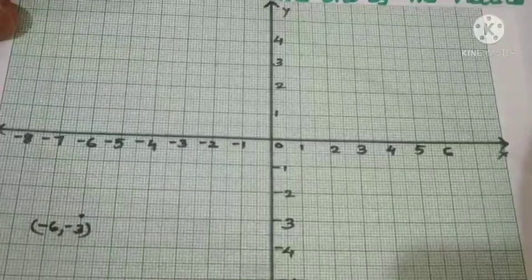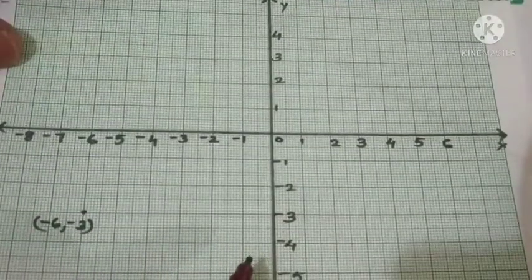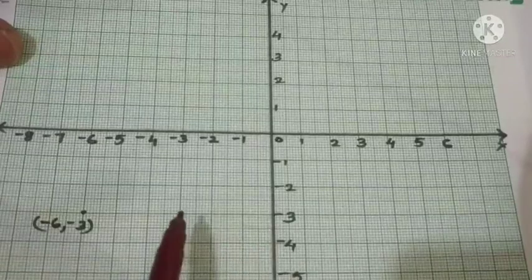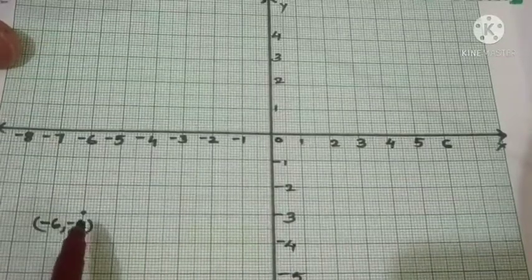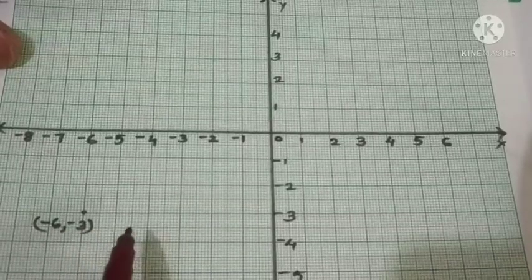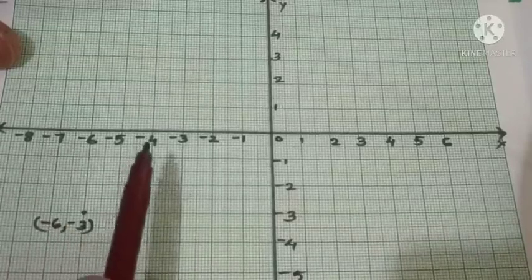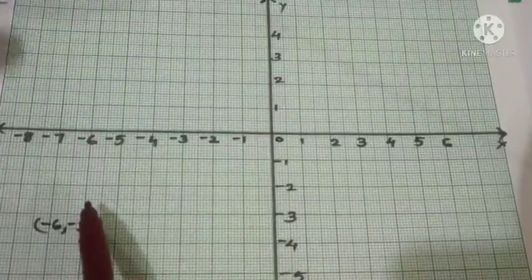The length is 6 and the breadth is 3 only, and one point is in the third quadrant, which means both coordinates are negative, and the longer side is on the x-axis. That means the length comes on the x-axis, so minus 6 is here only. So we got the coordinate.